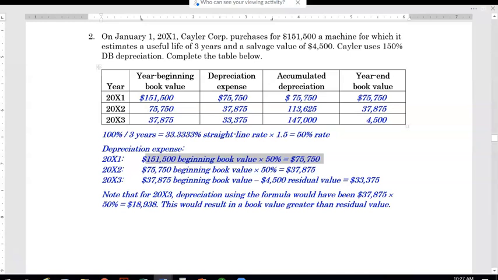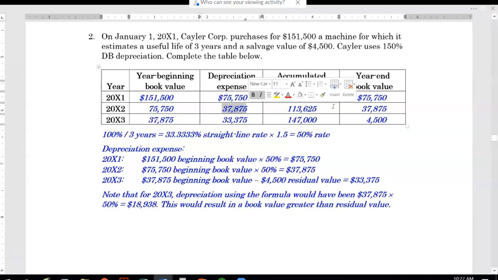And for year two, because our book value ends up to be 75,750, you move that to year two, and then 75,750 remaining balance times rate of 50% depreciation ends up to be 37,875 depreciation expense, which you add to the previous year of 75,750 accumulated depreciation ends up to be 113,625 accumulated depreciation. 113,625 minus original machine historical cost of 151,500, year-end book value ends up to be 37,875, which we put in year three.